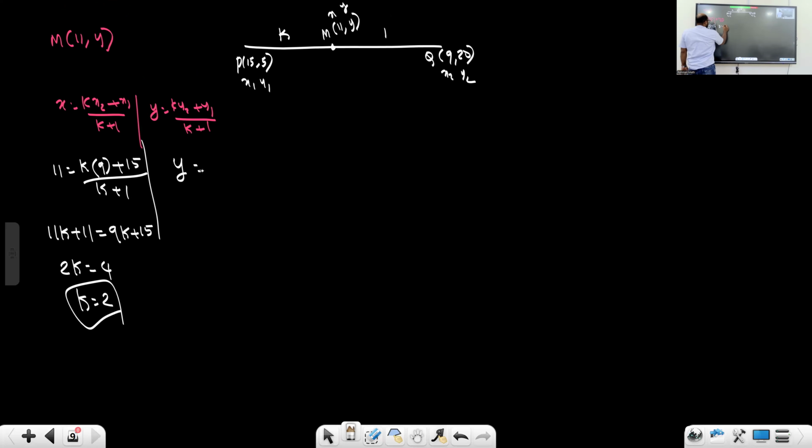Y equal to K value we got 2. 2 into 10, 1 into 5, divided by K plus 1, that is what? 2 plus 1. 15 by 3, sorry. Y value how much? 15.